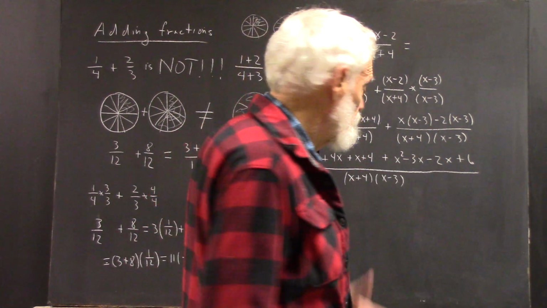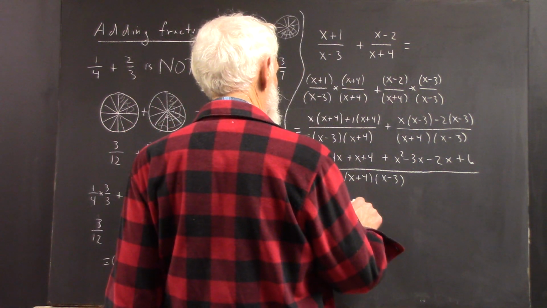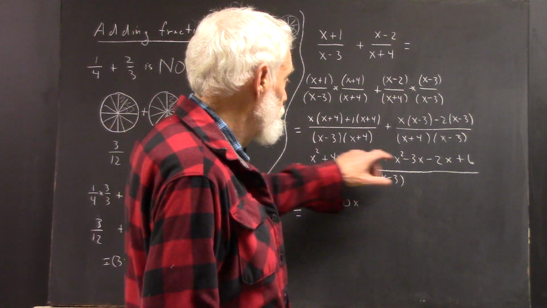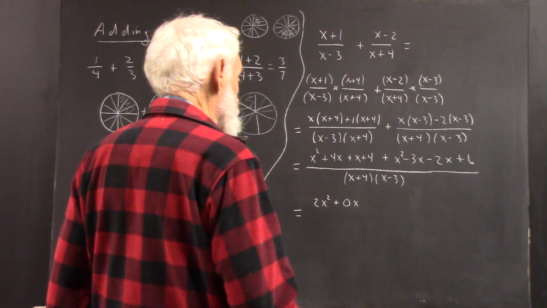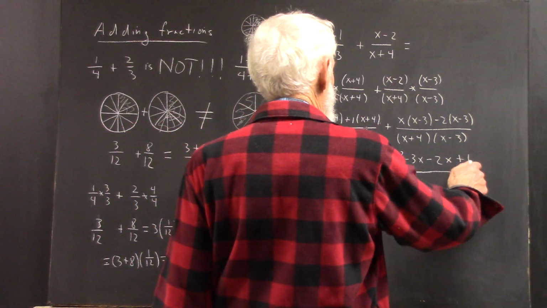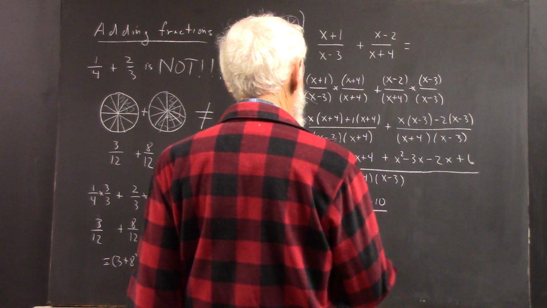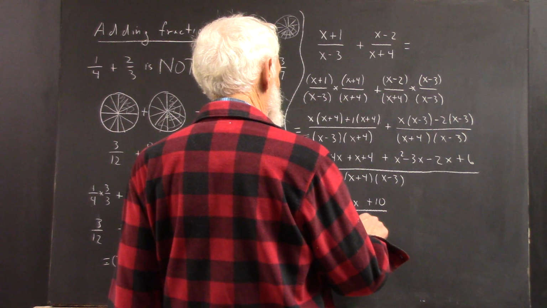So, coincidentally, 5x and negative 5x gives us 0x, which is just 0. We'll write it that way in the next step. And then 4 and 6 is 10 over (x plus 4) times (x minus 3).